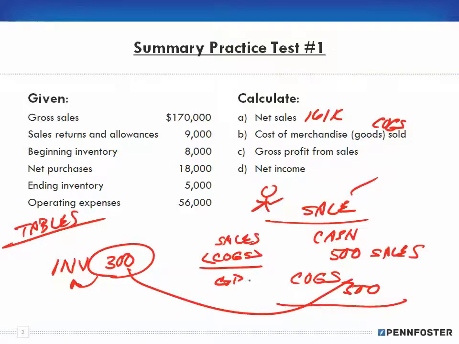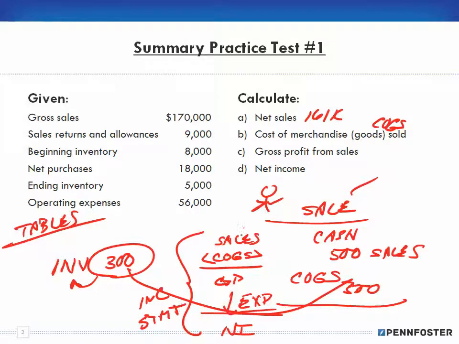That means how much did I make just on the sale of that table, and then any of that gross profit gets used against any other selling and administrative expenses that you have, and that gives you a net income. All of this here is a basic framework for your income statement.